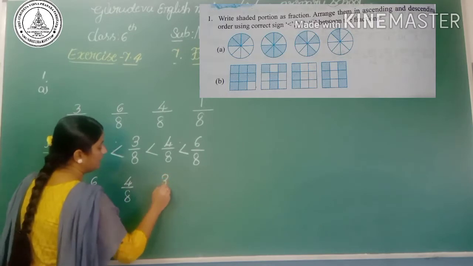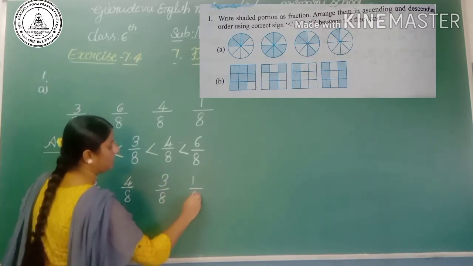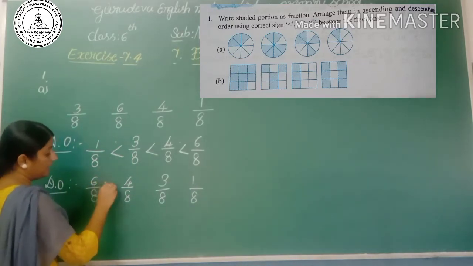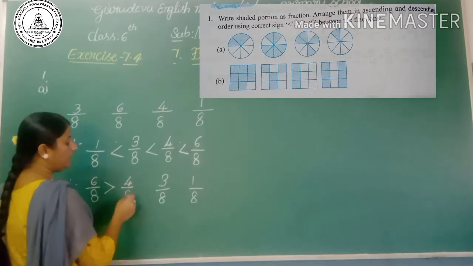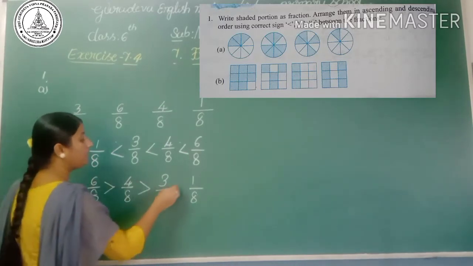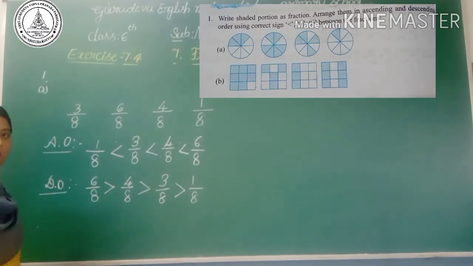Then 3 by 8, then the last one, 1 by 8. Okay. Now see here, 6 by 8 is greater than 4 by 8, and 4 by 8 is greater than 3 by 8. 3 by 8 is greater than 1 by 8. Okay. Is it clear? Yes.